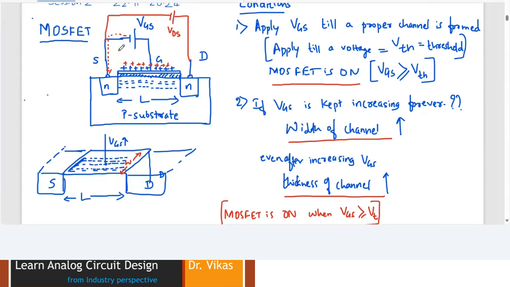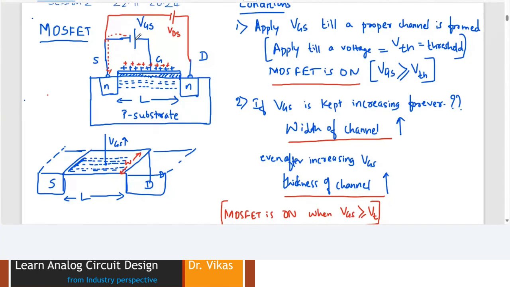The main concept to understand here is that during the course of formation of the channel, there is a small current flowing from source to drain, and that current flows only after the channel is completely formed. Let's say that Vt is 1 volt.